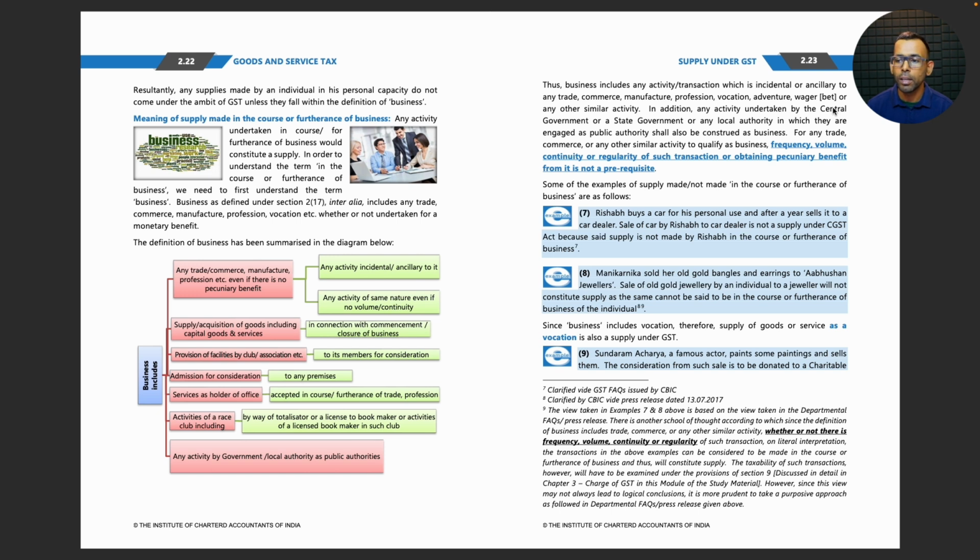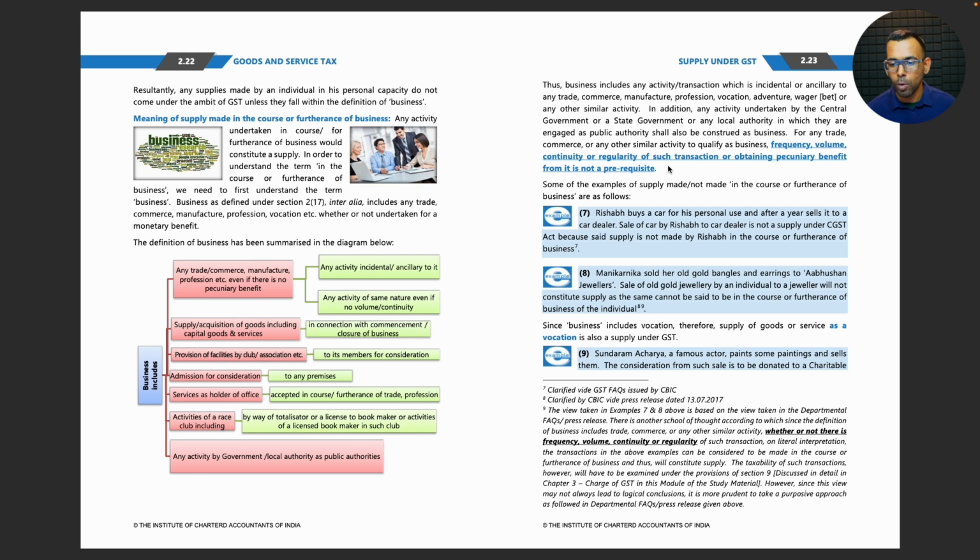In addition, any activity undertaken by central government or a state government or any local authority in which they are engaged as public authority shall also be construed as business. For any trade, commerce, or any other activity similar to qualify as business, frequency, volume, continuity, or regularity of such a transaction or obtaining pecuniary benefit from it is not a prerequisite. Even if you do one trade per year, even if you do one trade in 2 years, it will still be considered as a business.